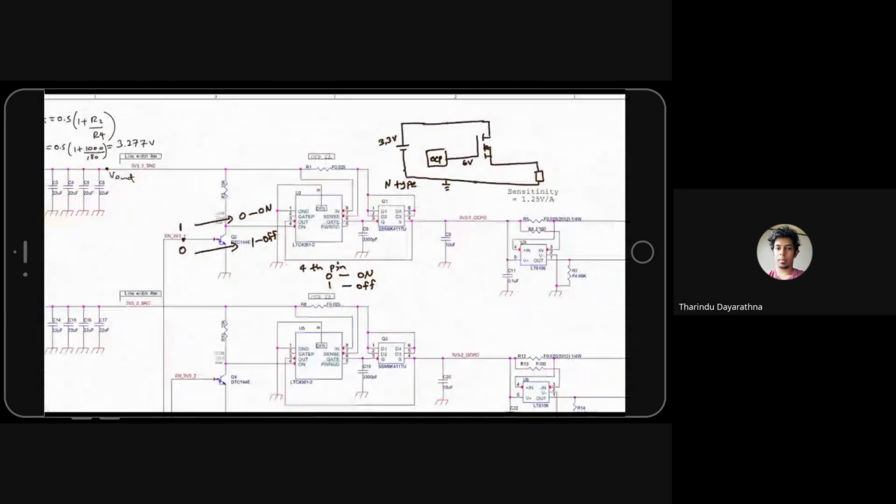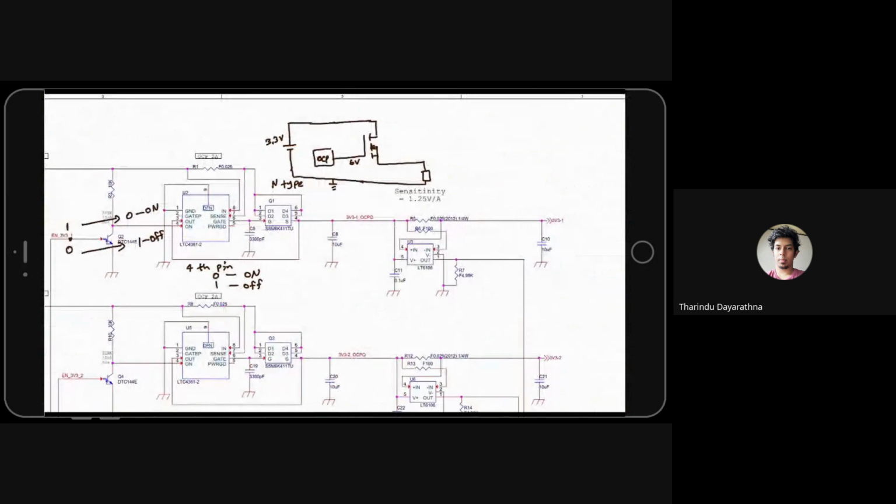Then let's come to the output of the OCP. We normally place a capacitor after this kind of turning on and off to avoid voltage fluctuation and to filter the noise. That's why we have this capacitor.